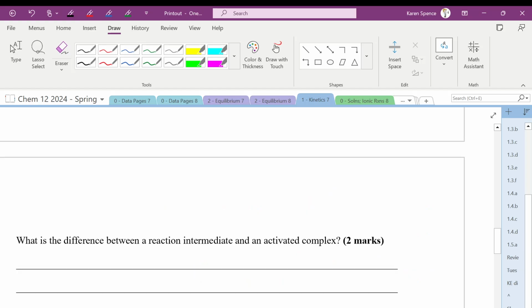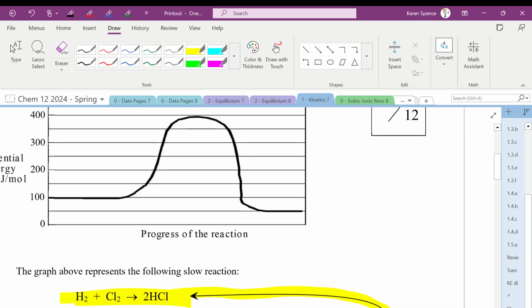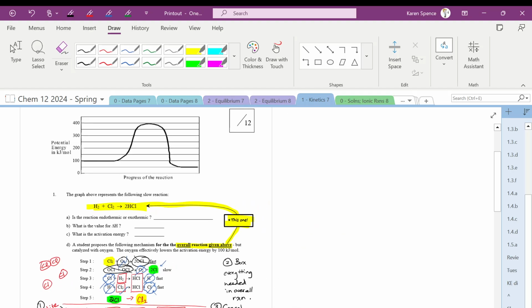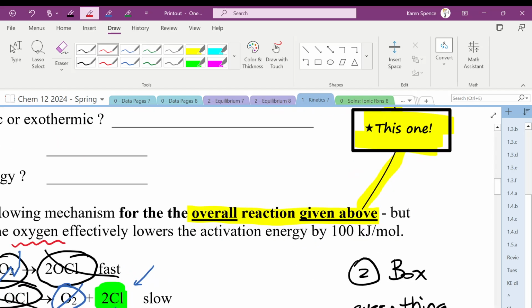What else did people have problems with in general? If you have a reaction mechanism, then you need to have however many peaks for however many steps. So this was a 5-step reaction, so you need to have 5 peaks. Also, you will want to read carefully because it says oxygen lowers the activation energy by 100 kilojoules.